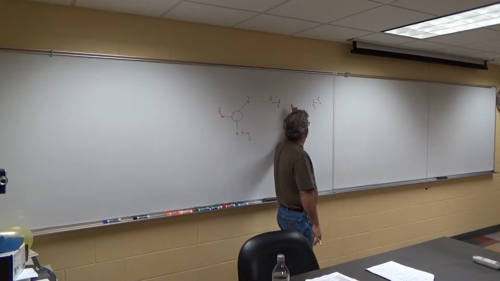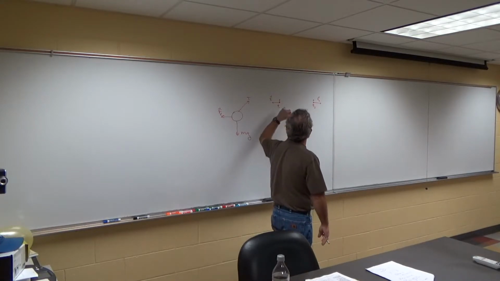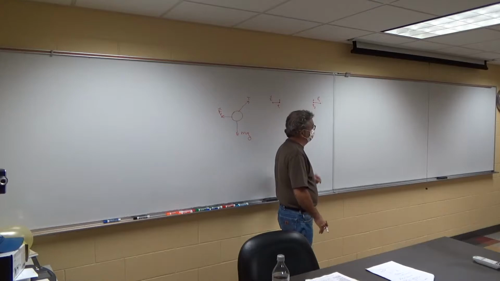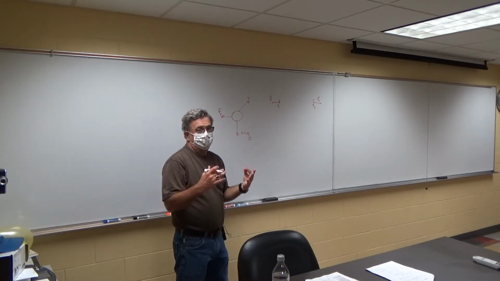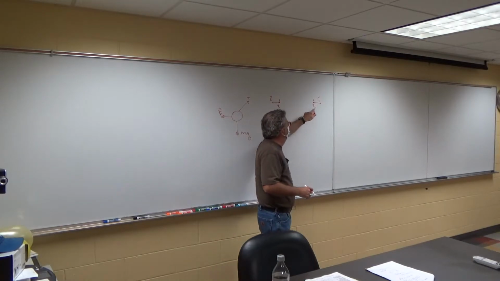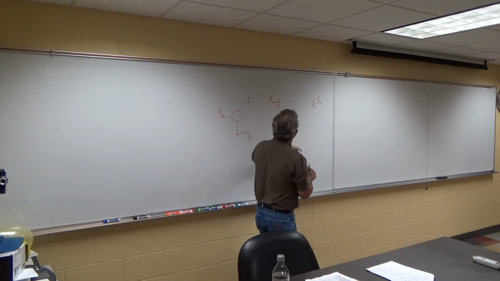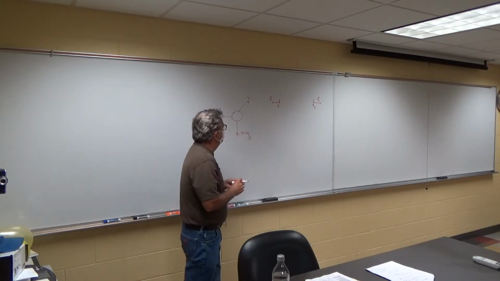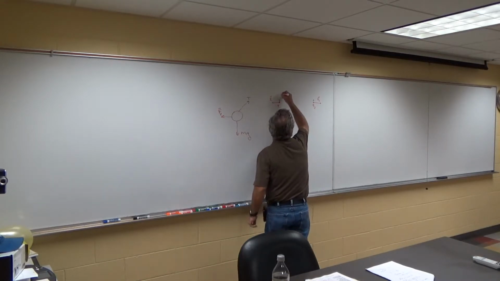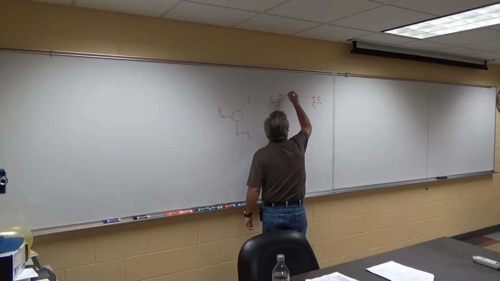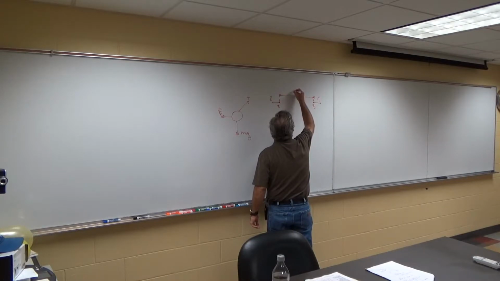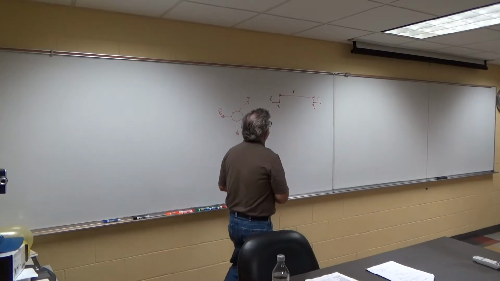These are the same sign charge, and we know that they're going to repel one another. If they were opposites, they would attract. I'd still name this F1 and this F2, but they would be this way. I'm going to name the distance between these two, just call that R.